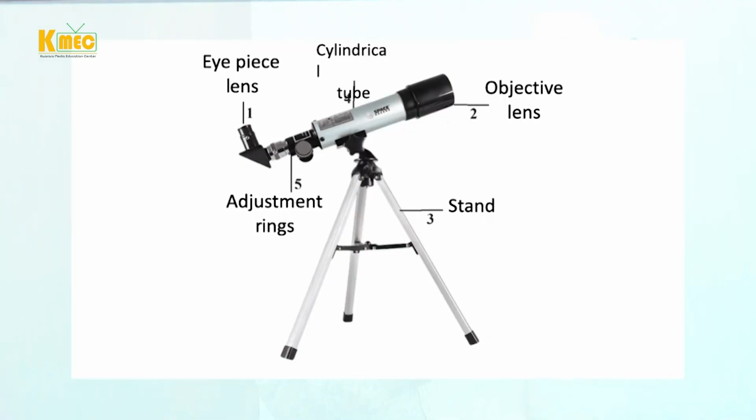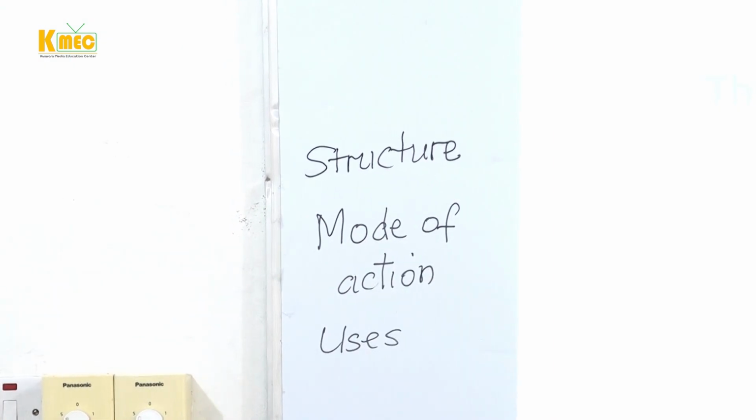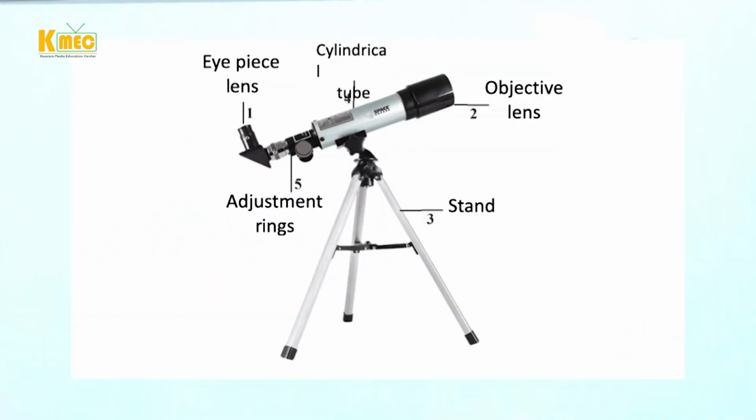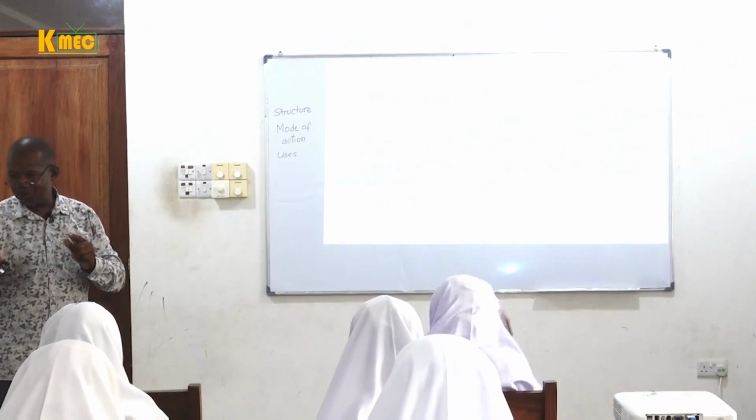Now we are going to learn about the structure of the astronomical telescope. Here we have its principal features. The astronomical telescope uses two convex lenses, as we said earlier when comparing the simple microscope, which uses only one, and the compound microscope.